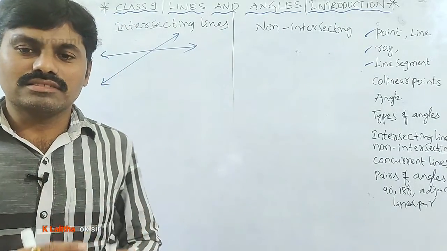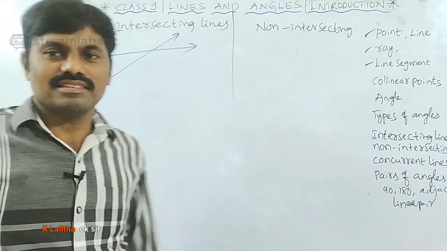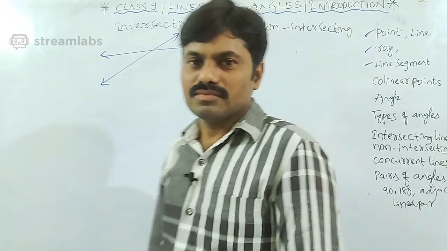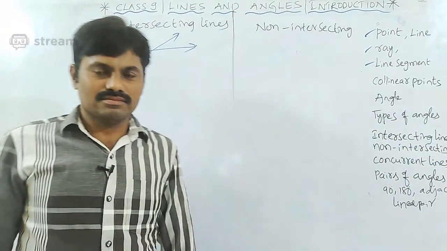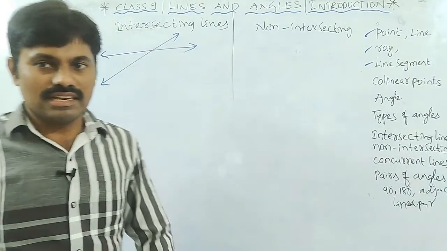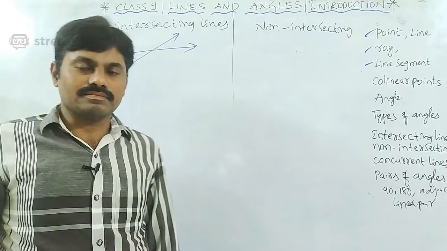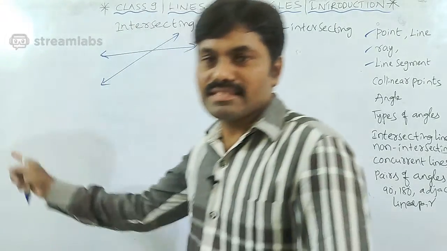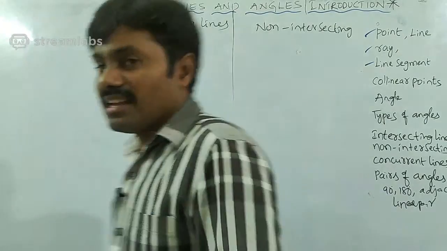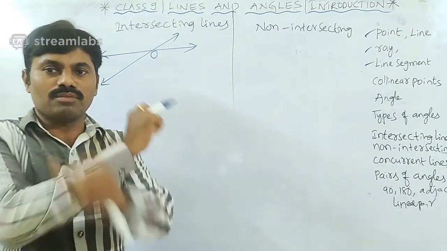Then what do you call such type of lines? We call those lines intersecting lines. Remember, my dear friends, at how many points are these 2 lines intersecting? At only one point. If you consider that point as O, both are intersecting at one point.